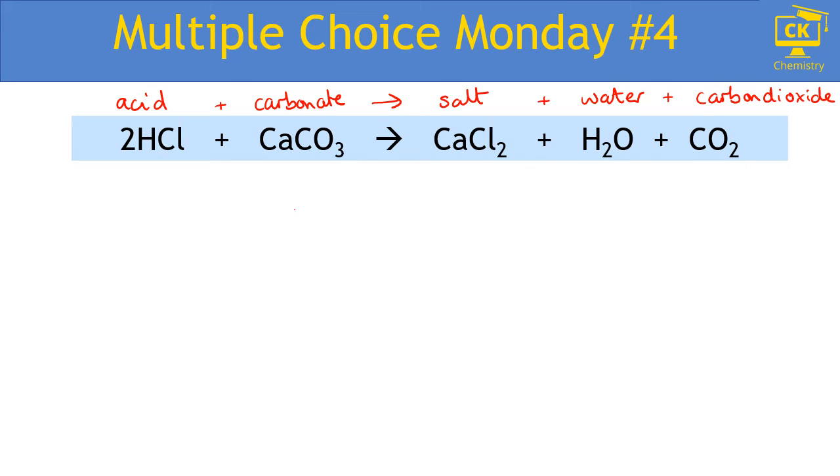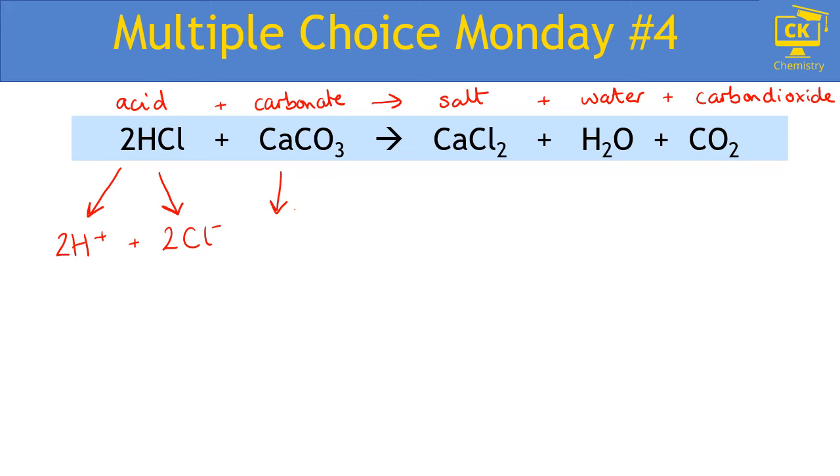So we should know that when an acid goes into water, so HCl is a covalent molecule, it's a gas, but when we put it in water, we split it up into hydrogen ions and in this case, chloride ions. So it becomes separate ions.